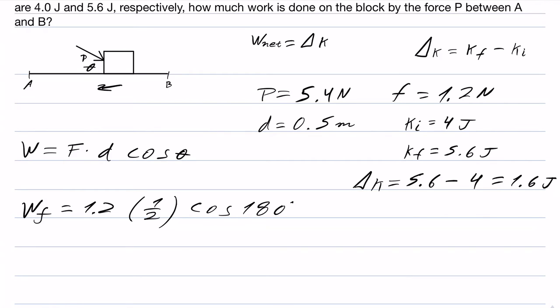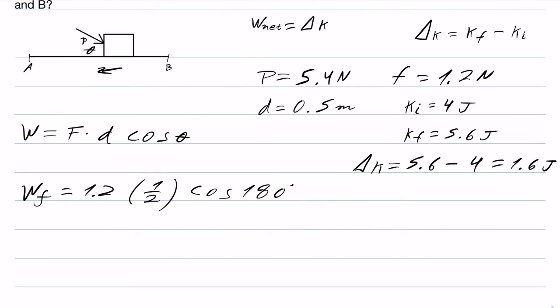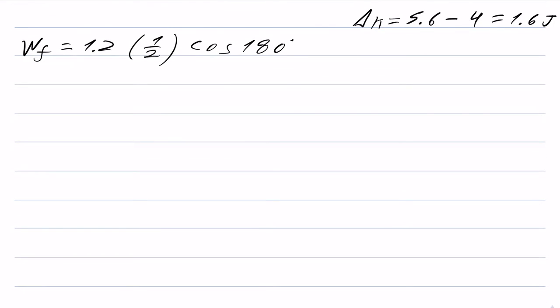So cosine of 180 is going to give us -1, and so we're going to get a negative value for the work done by friction, and that's okay. That's the way it's supposed to be. If we plug these values into the calculator, the answer is 0.6 joules, and that is actually negative 0.6.